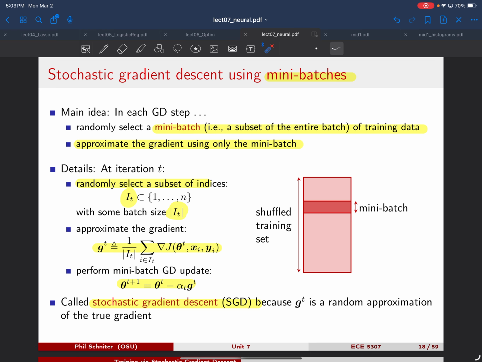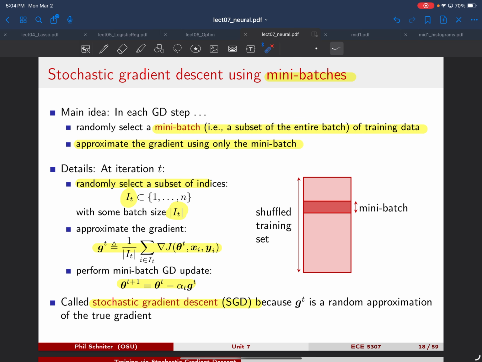Okay, so the wisdom here is that, let's say I have 32,000 samples in my data set, but my mini batch is size 32. That means I'm going through 1/1000th of my data set for every gradient descent update. So even though my gradient descent updates are going to be inexact, I get to use 1,000 of them for the same computation that it typically takes me to do one, right?